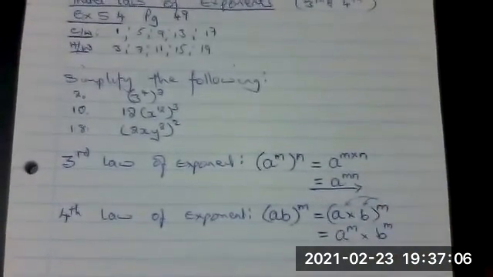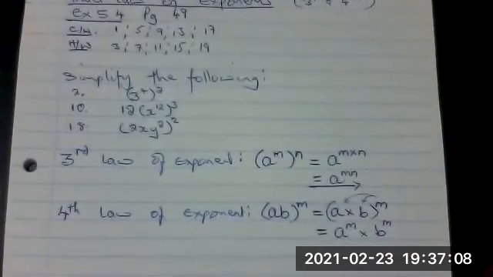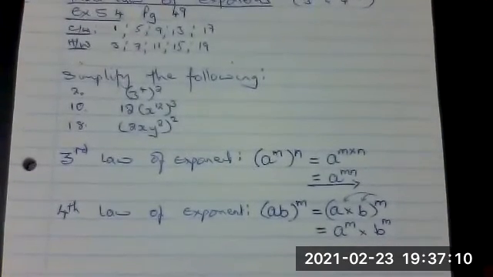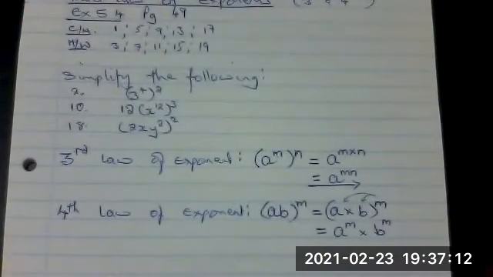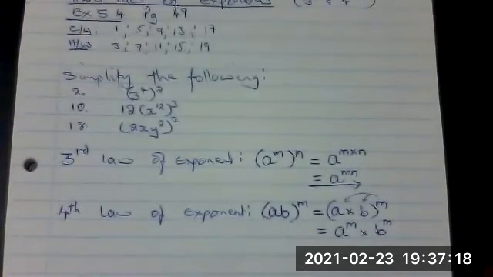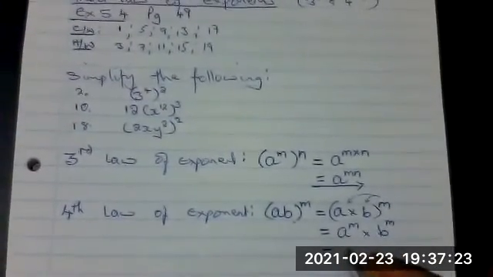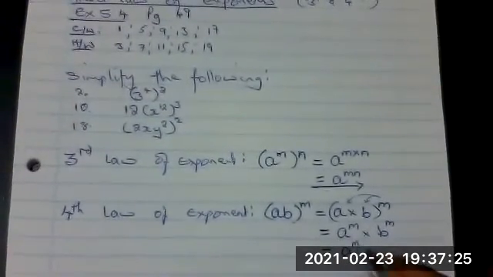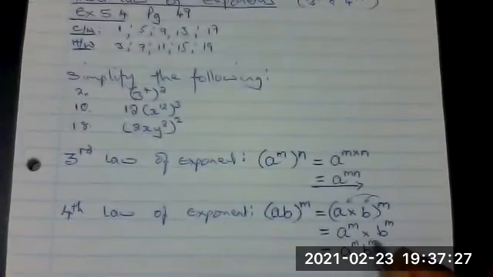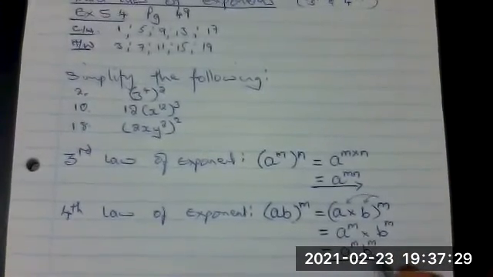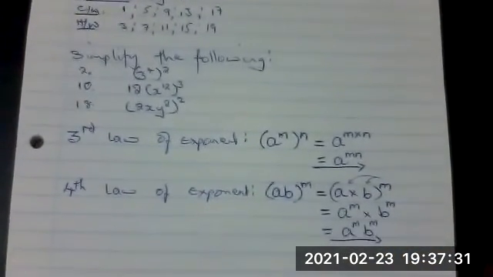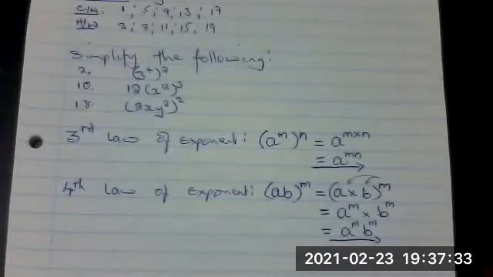I distributed the exponent to the two numbers that are multiplying. This is only true if the bases are multiplying each other and they have exactly the same exponent. So this is finally equal to a^m b^m, the final answer.